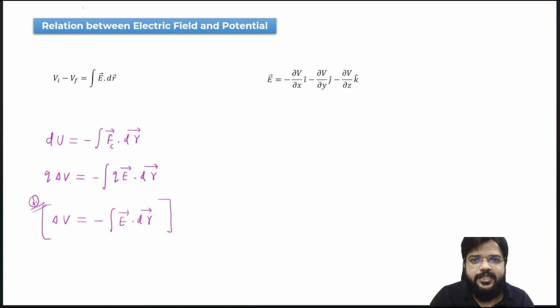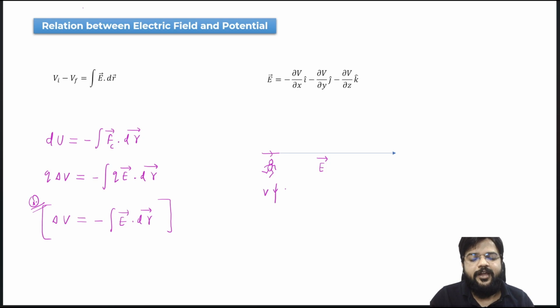The sense of this relation is, if we are moving in the direction of electric field, then potential will decrease everyone. So this is the direction of electric field, and we are moving in the direction of electric field. So what will happen with the potential? Potential will decrease everyone. All right.